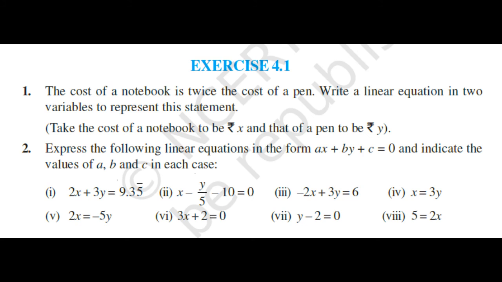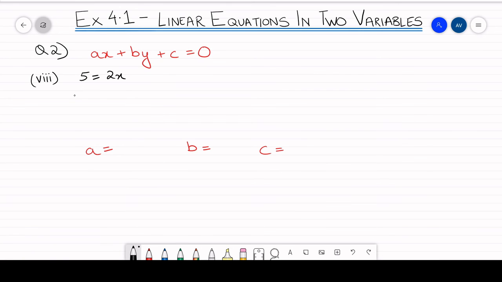Moving to the final part of the exercise, we have the equation 5 is equal to 2x. Now I can move everything to one side and I get 5 minus 2x is equal to 0.